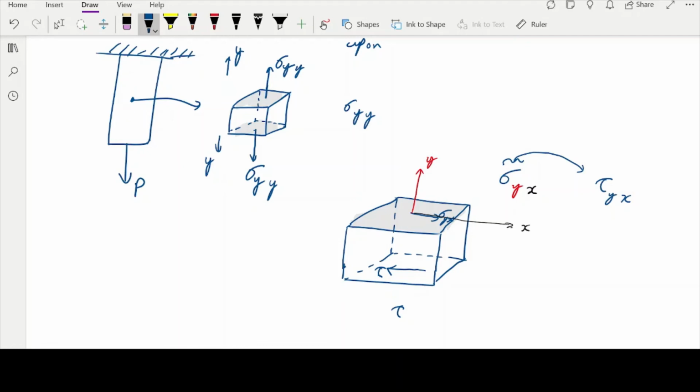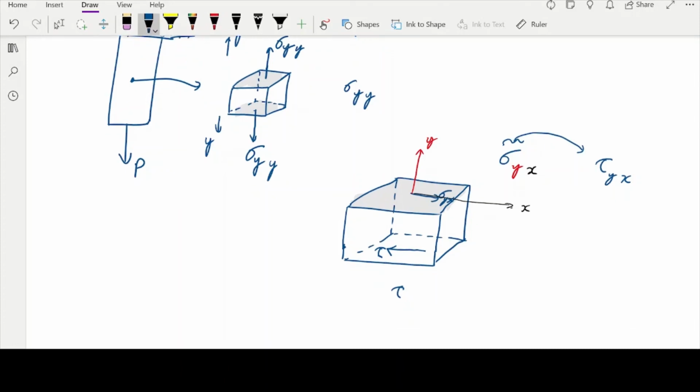Similarly, shear stresses are equal in magnitude but opposite in direction, right? They together have an effect on the body, and that effect is the shear deformation of the body, right? Now the direction of tau is x direction, and the plane on which it acts, the normal to that plane is in y direction.